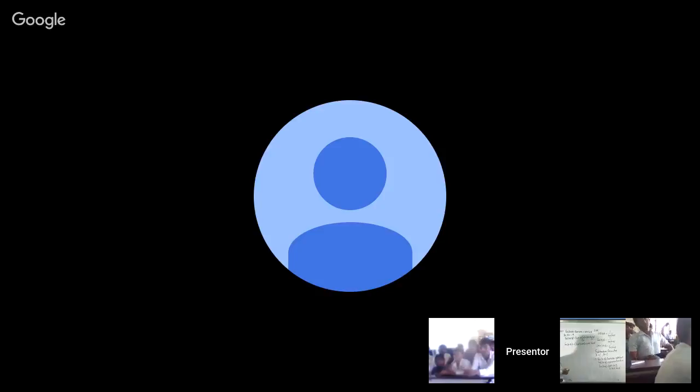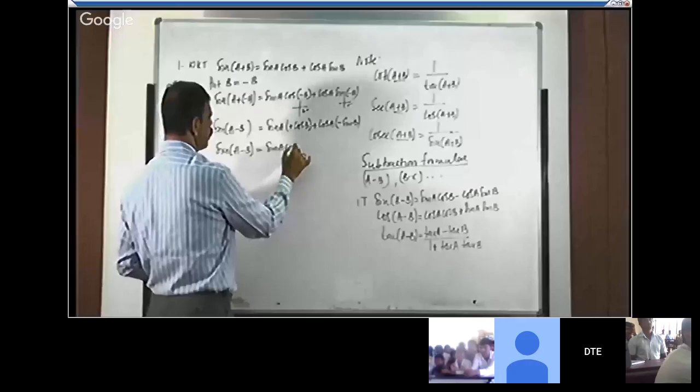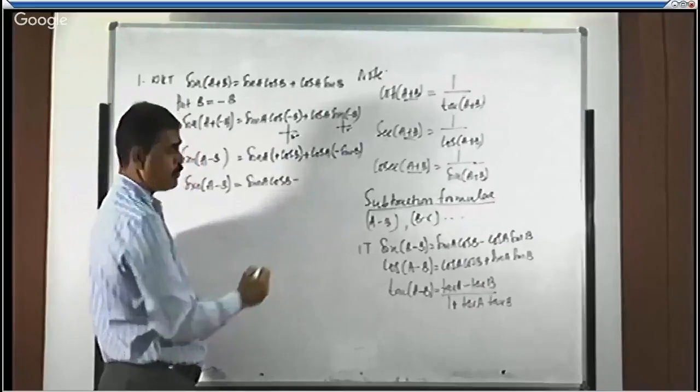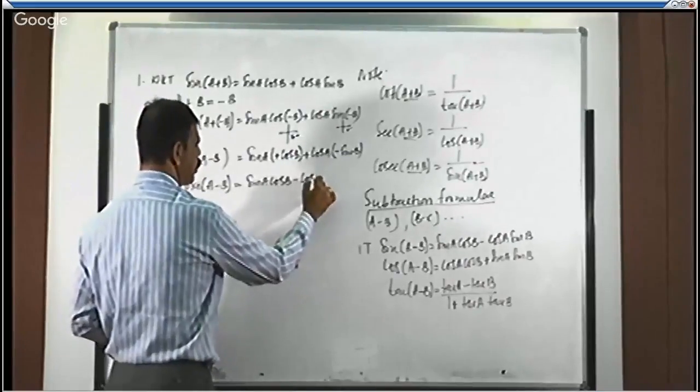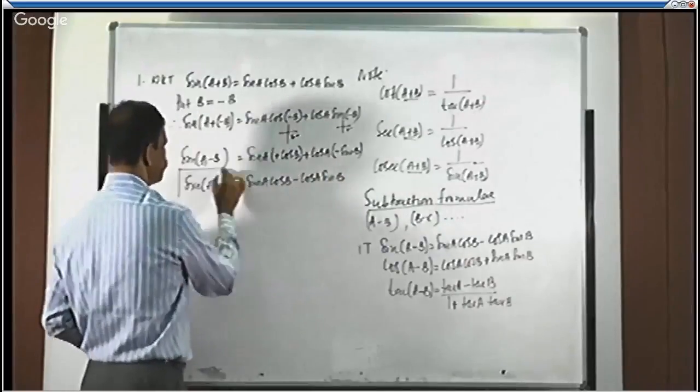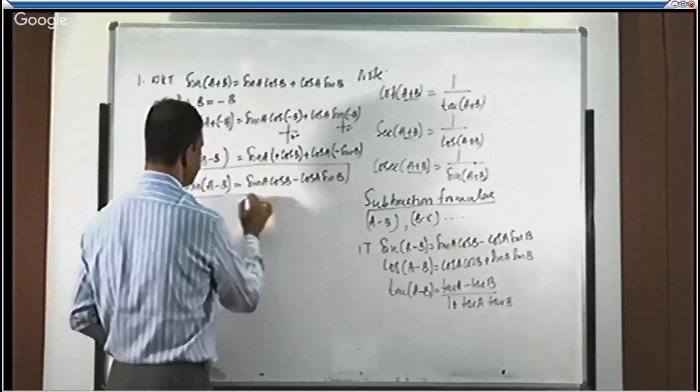Minus B. Hence, sin of A minus B is equal to sin A cos B plus into minus minus cos A into sin B. This is the sin of A minus B formula.